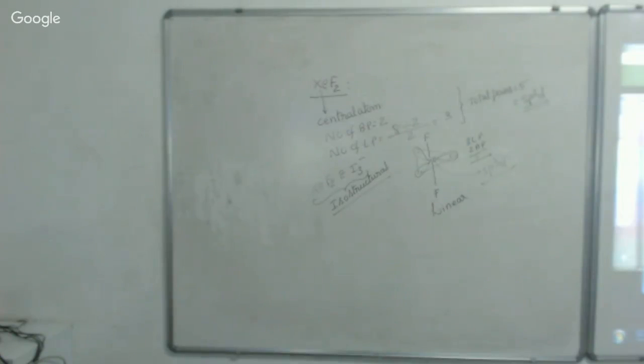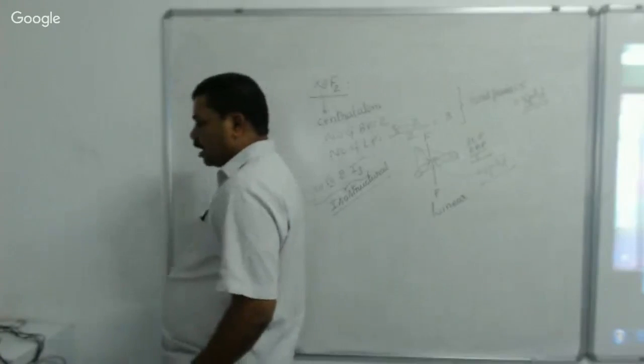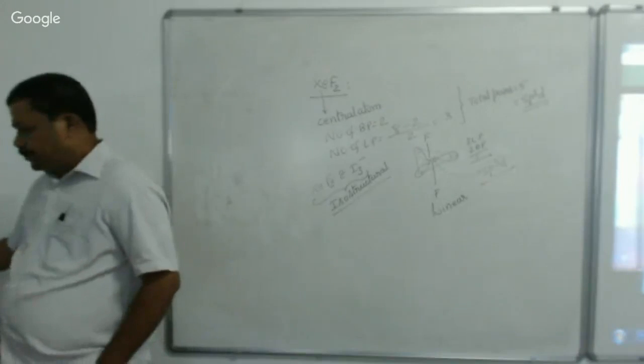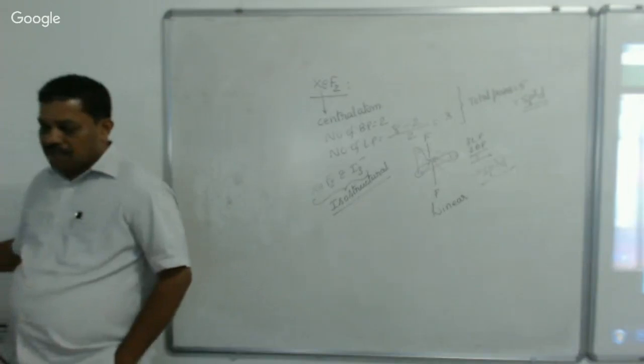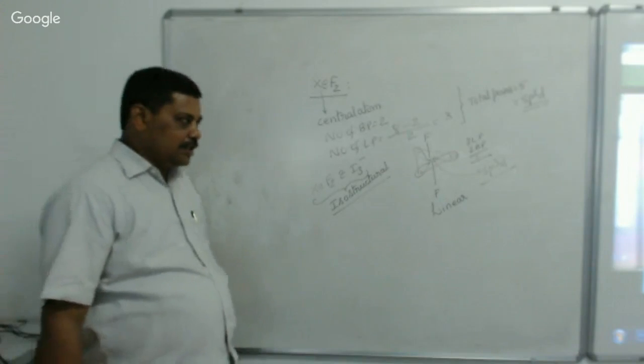Is it a correct statement? Both are linear. That's why they are called isostructural. They have the same structure.